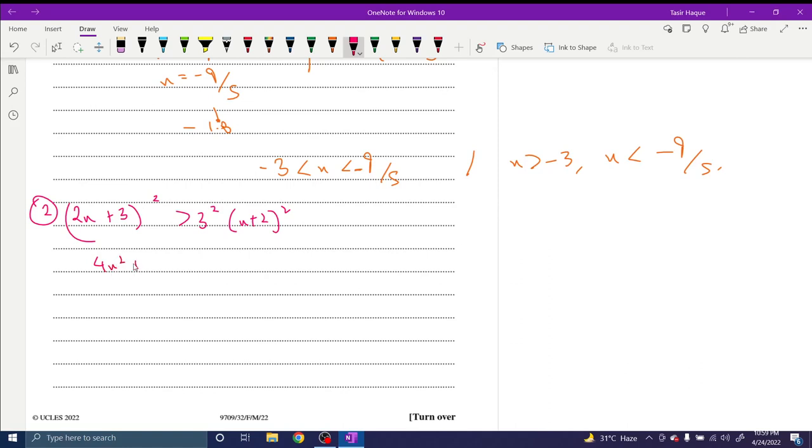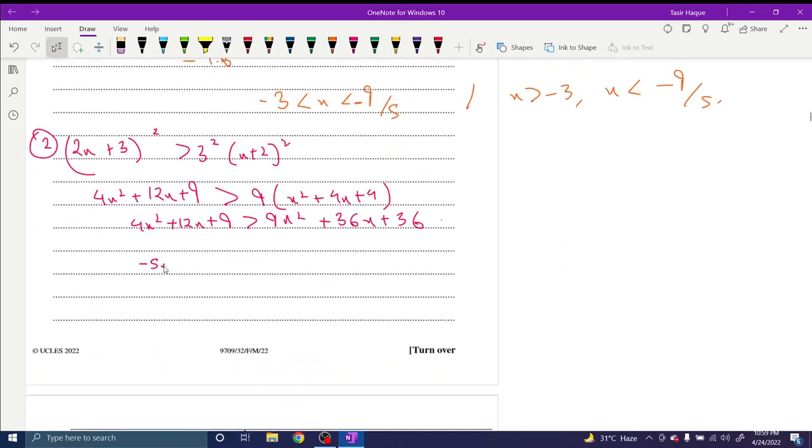So 4x square plus 12x plus 9 is greater than 9x square plus 4x plus 4. 4x square plus 12x plus 9. This is what we ended up with.